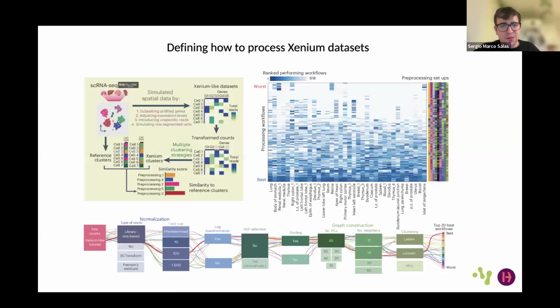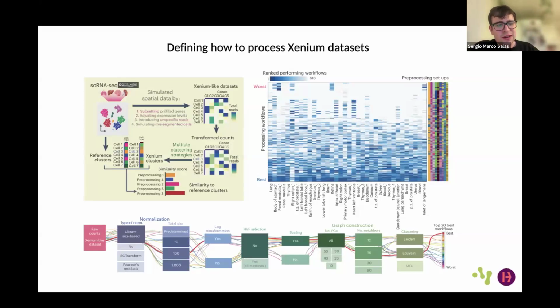To assess that, we put together a workflow based on simulating spatial data from a reference single cell dataset. We took single cell data, cell by gene, and turned it into a Xenium-like dataset. We reduced the number of genes profiled, reduced the detection efficiency, and transformed the gene counts, also inducing some segmentation errors and so on.